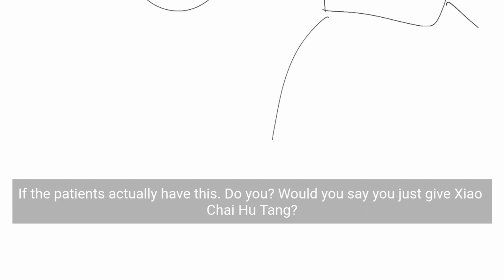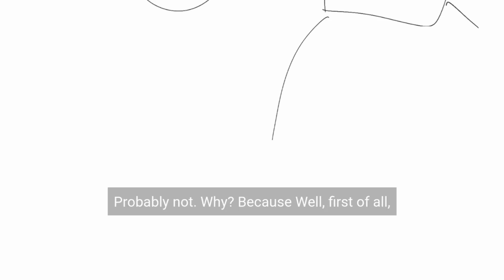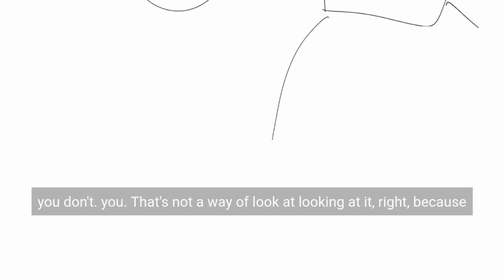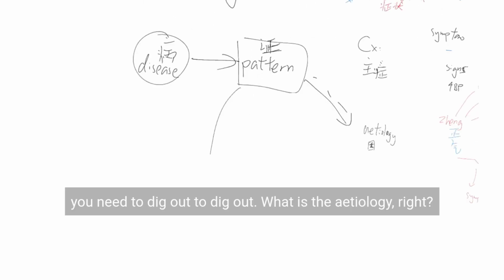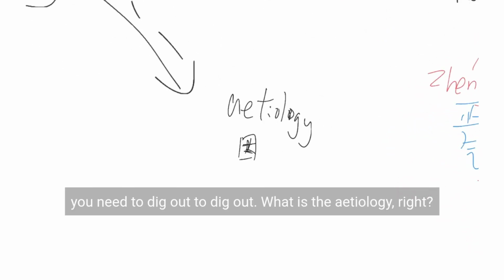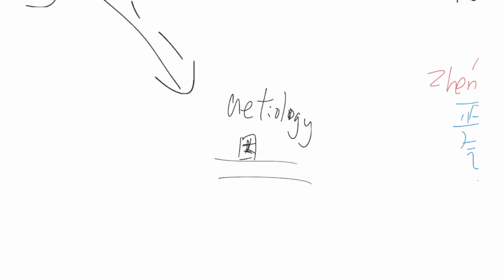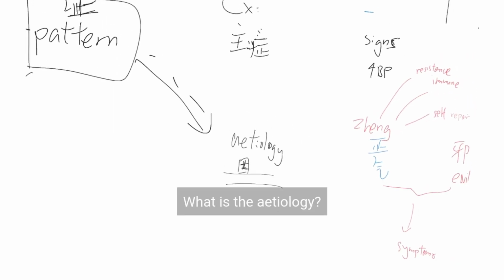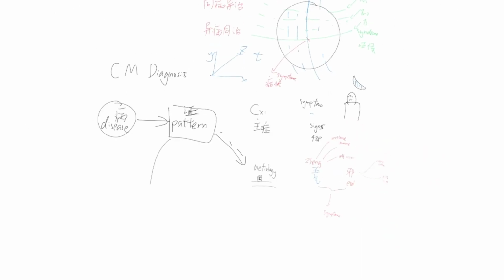If a patient has exactly this, would you say you just give 小柴胡汤? Probably not. Why? Because first of all, that's not the way of looking at it, right? You need to dig out what the etiology is.